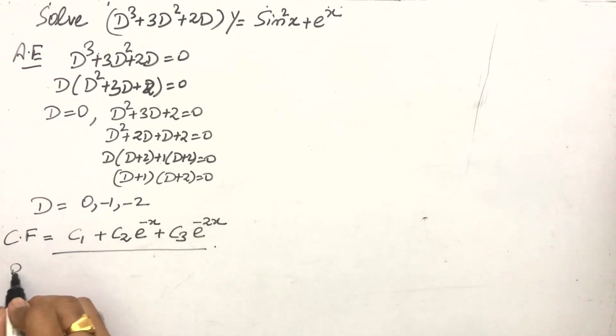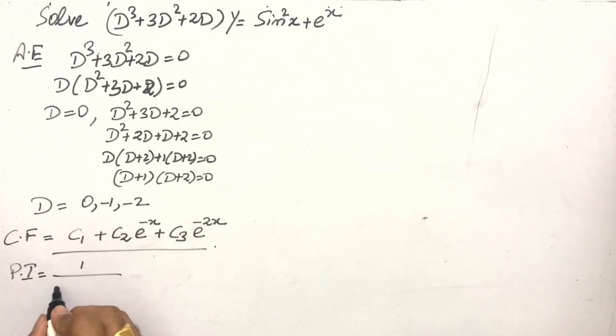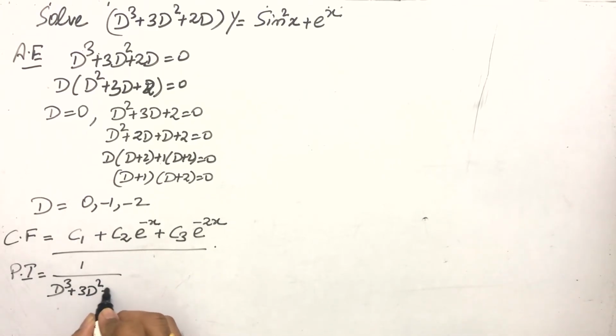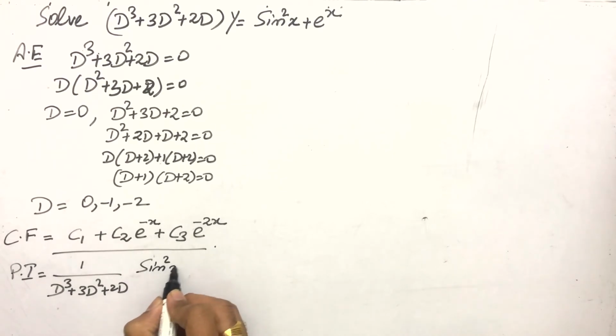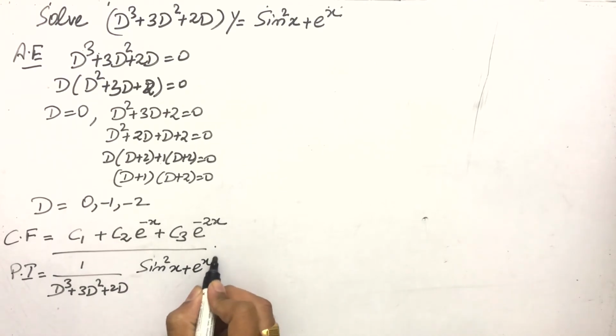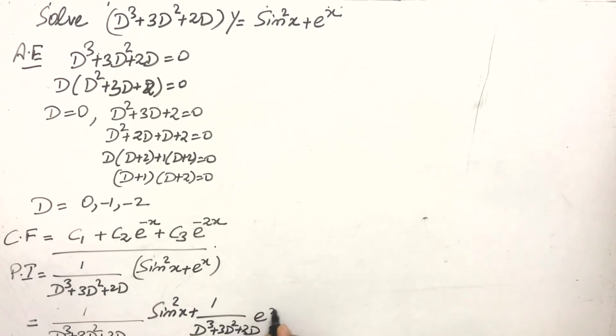Now the main thing is the particular integral, and here it is 1 upon (D^3 + 3D^2 + 2D) times (sin^2 x + e^x). So as earlier, we will distribute this over both: 1 upon (D^3 + 3D^2 + 2D) of sin^2 x plus 1 upon (D^3 + 3D^2 + 2D) of e^x.